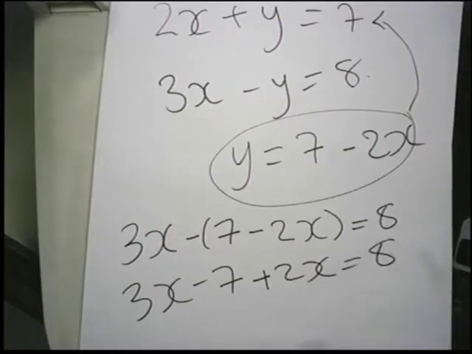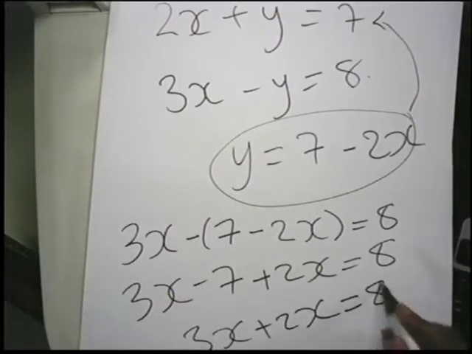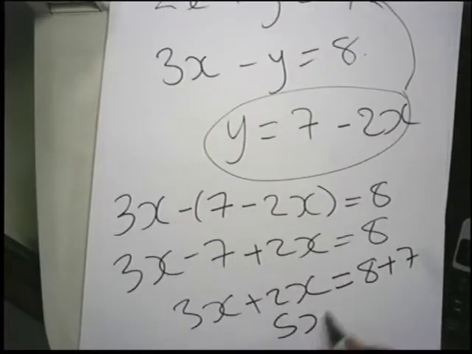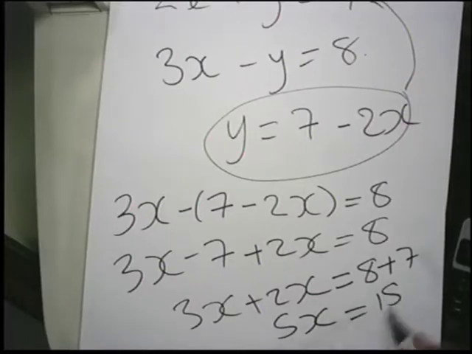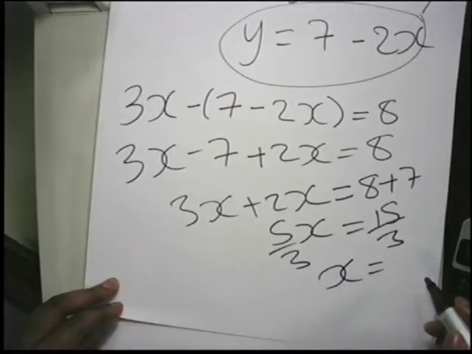Equals 8. Then you have 3x plus 2x is equal to 8. 7 goes on the other side, plus 7. Then we have 5x equals 15.